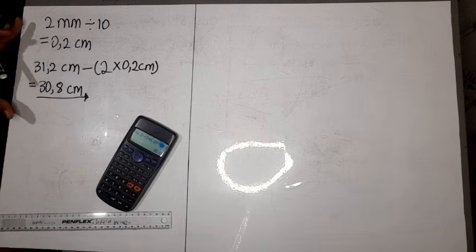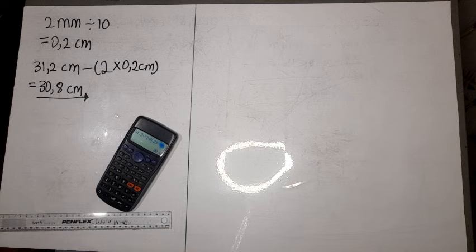Now that we are done with the diameter, we are going to find the volume of the bucket. We've been given the capacity here, which is 20 liters. When you look at the information given to us, we have been given the conversion from liters to cubic centimeters.